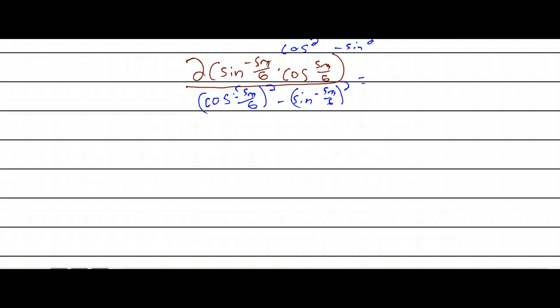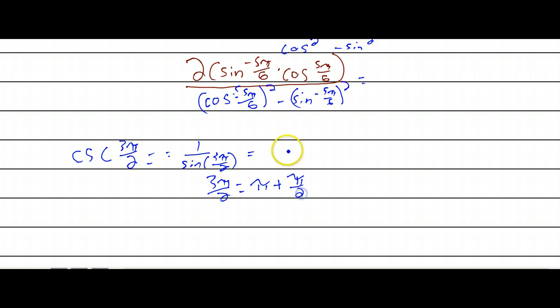Alright, the next one was cosecant. So it's cosecant of 3 pi over 2, and remember this is just 1 over sine of 3 pi over 2, and 3 pi over 2 we can break up into pi plus pi over 2.